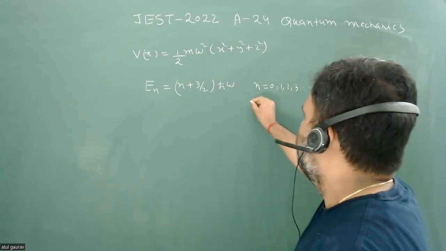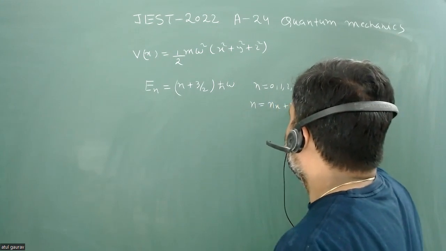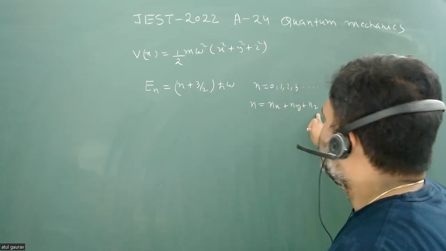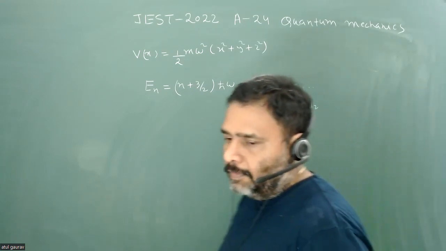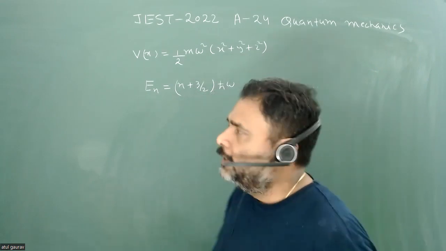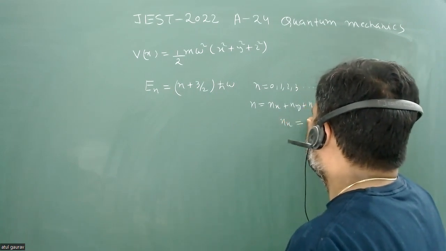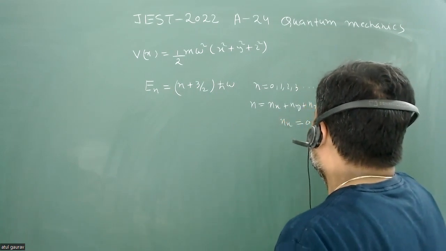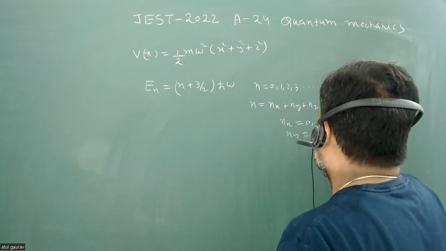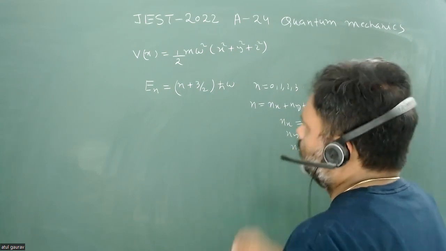But this n is actually nx plus ny plus nz, and these nx, ny, nz are the three quantum numbers associated with the x, y, and z degrees of freedom. They are separately 0, 1, 2, 3 for nx, ny, and nz.